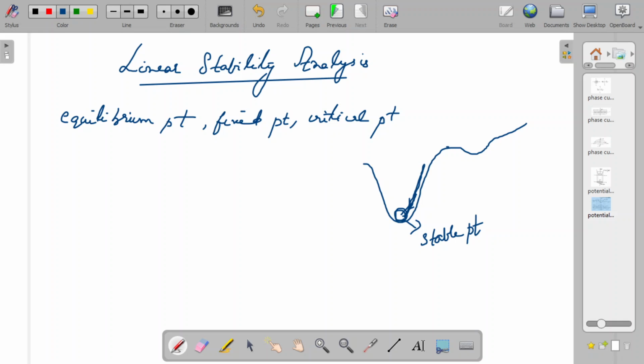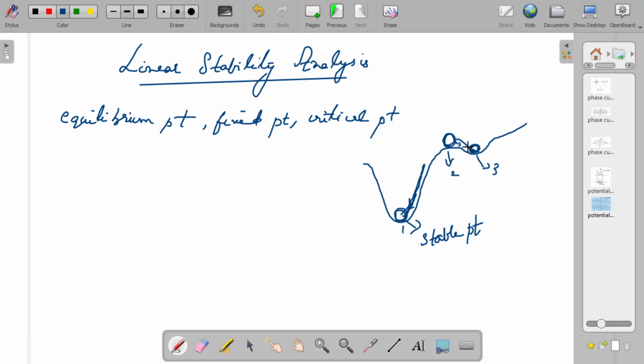Now you consider the ball here. It is staying there, but if I give a small push this way, obviously it will roll from here and come and stay in another well. Let me call this V3, this point 2, and this 1.